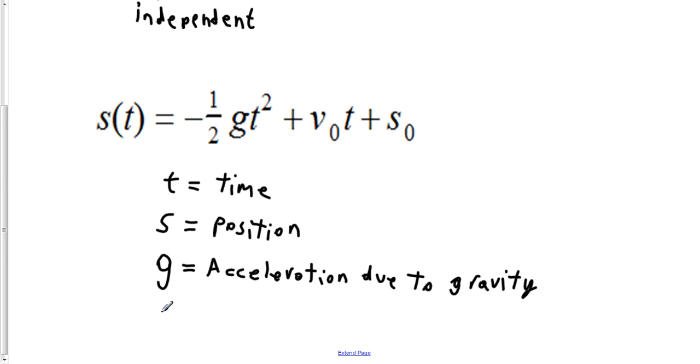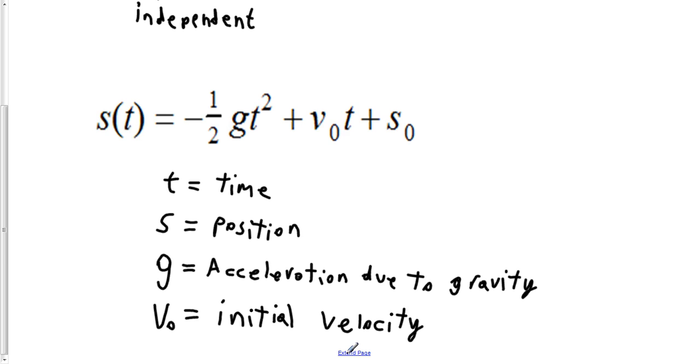It's another number if you're dealing with meters and seconds. v sub zero is the initial velocity of the object. Velocity is related to speed, and v sub zero is just the velocity of the object at time zero, how fast the object is traveling at the time that we start to count from.